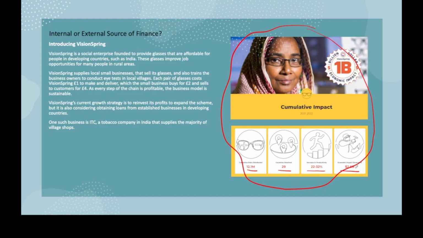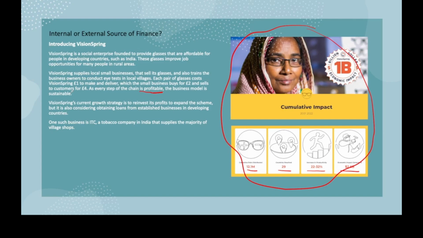And then it tells us a bit more about their chain of profitability. Okay, well, so every step of the chain is profitable. Now, a source of finance that you've just done research for is retained profits. The business model is sustainable. Okay, well, if it is sustainable, why would I want external sources of finance?